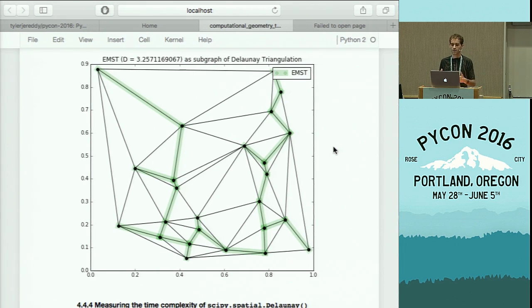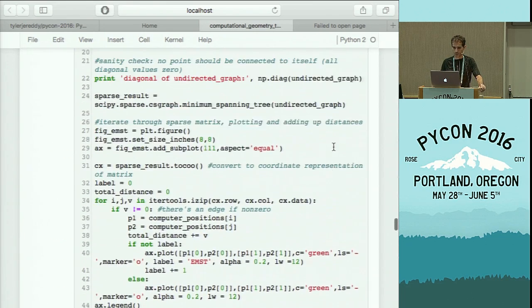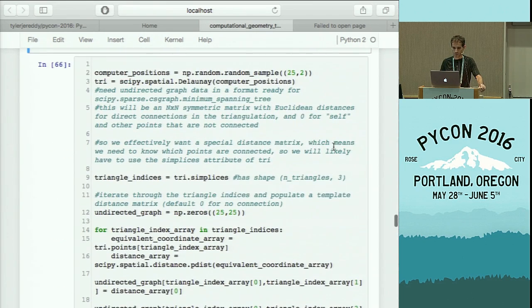So we can just do what we've done before and use the scipy.spatial Delaunay class to generate the instance of the Delaunay object, and then use that Delaunay triangulation as input into another really useful SciPy utility, scipy.sparse.csgraph.minimum_spanning_tree, which I had actually never heard of before I was working on this tutorial.